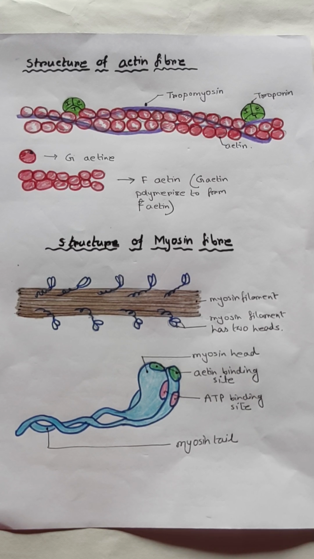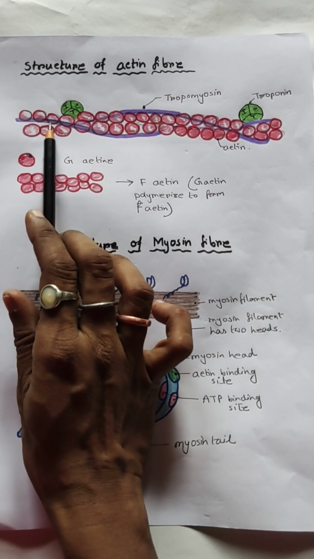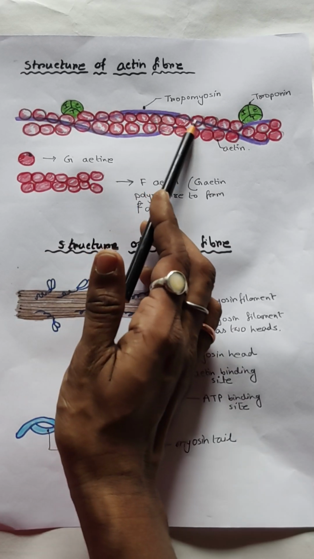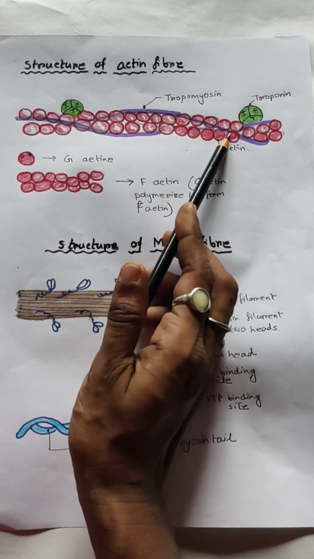Next, tropomyosin. It is formed of two polypeptide chains, as I have already told you, and it is spirally coiled around the F-actin. This is the violet color, spirally coiled around the F-actin.